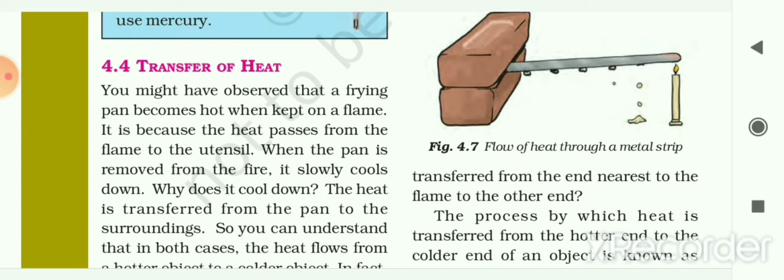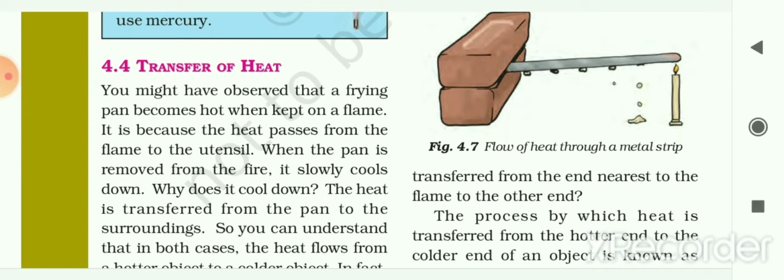Then we had seen the laboratory thermometer, that the thermometer which is used in the laboratory is known as a laboratory thermometer, and the range of this kind of thermometer is usually from minus 10 degrees Celsius to 110 degrees Celsius.